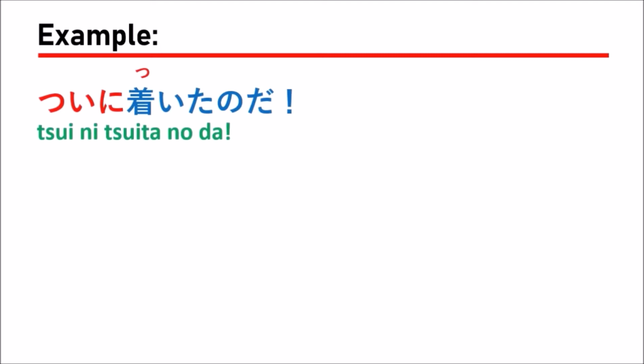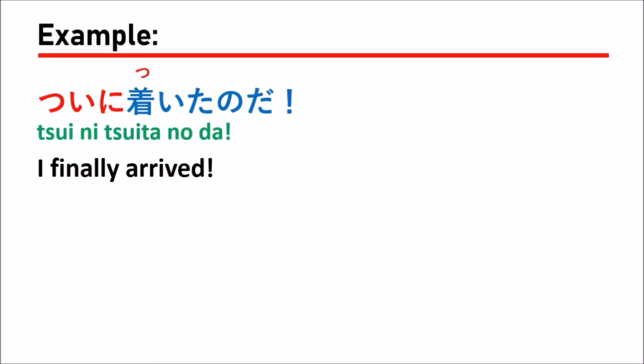The first example is ついに着いたのだ, which means I finally arrived. You see here, after ついに they say 着いたのだ, which means that you arrive someplace, right?